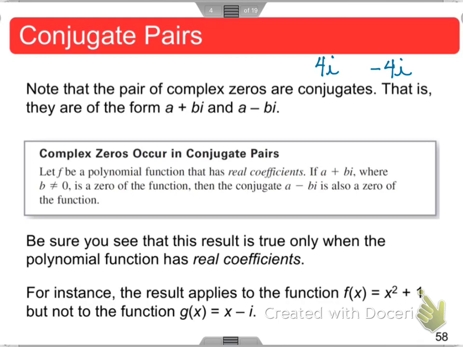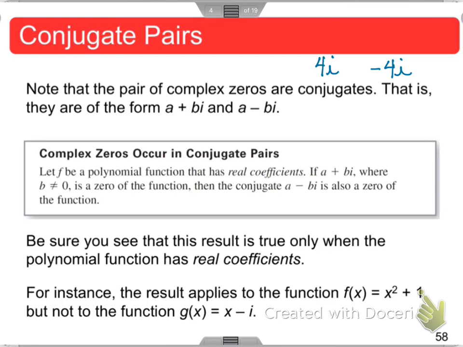So I have to have negative 4i. Complex solutions travel in pairs. Now, rational solutions don't. You can have positive 2 as a solution, and positive 3 as a solution, and you're not going to have their opposites. But if it's a complex zero, they travel together.